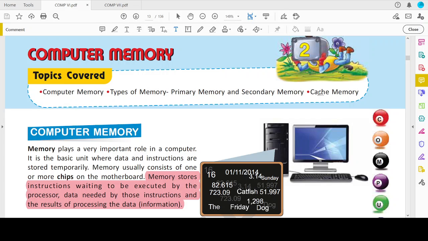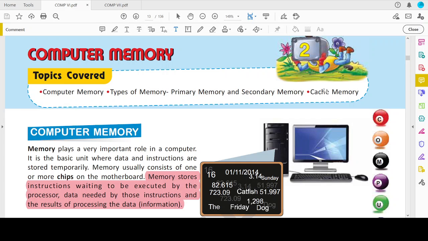As it is very fast, the processor checks for data and instructions in the cache memory first. If the data is not found in the cache, it searches for the data in the RAM, that is the primary memory of the computer.